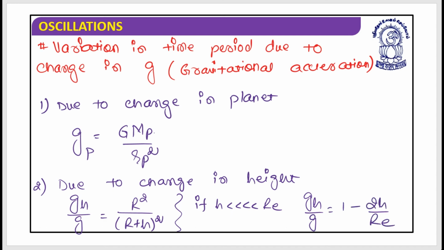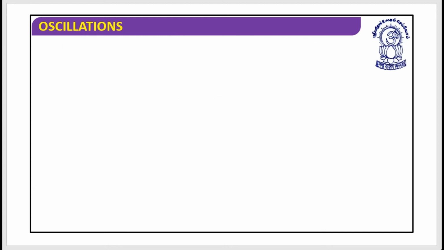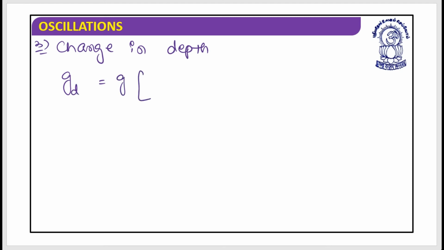Yes, these are all variations that we have learned in gravitation. We are just quickly revising them, and then we will use their applications. A third variation is change in depth. This is gd equals g into bracket 1 minus d by Re. This is change in depth.